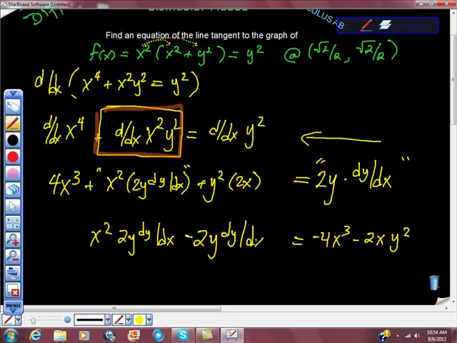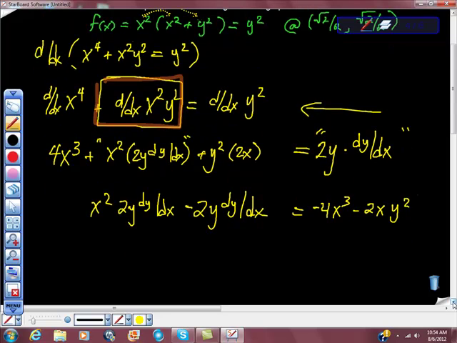You're going to be so excited to find out that we're almost done with this differentiation part. It's not zero, it's just a pain in the neck. Now what I'm noticing, and hopefully you're noticing it too, is that both of these have terms of dy dx. So we're going to factor that out.